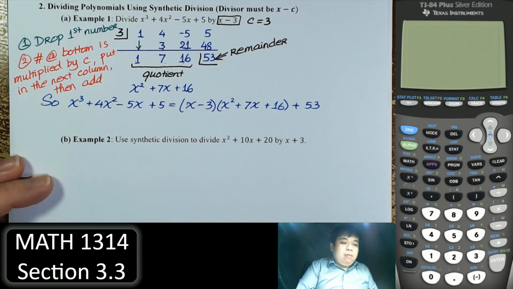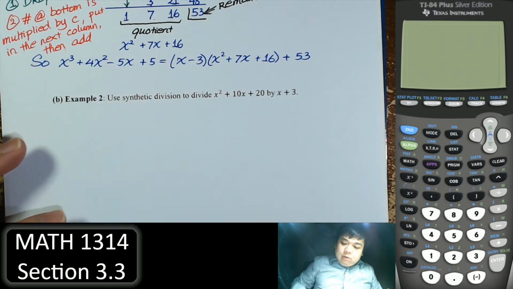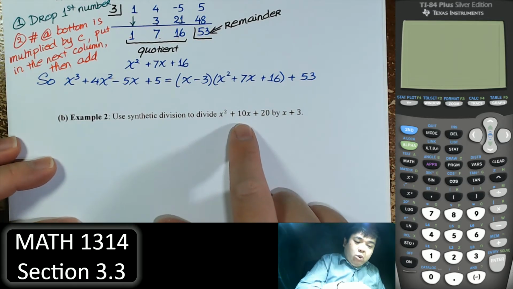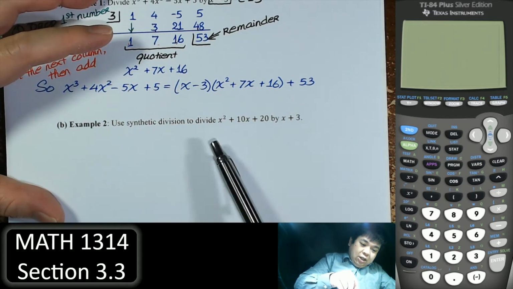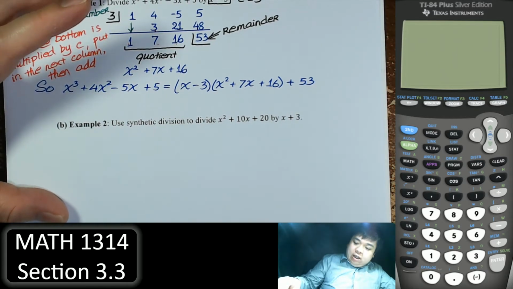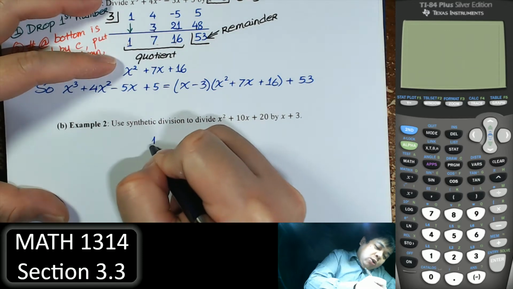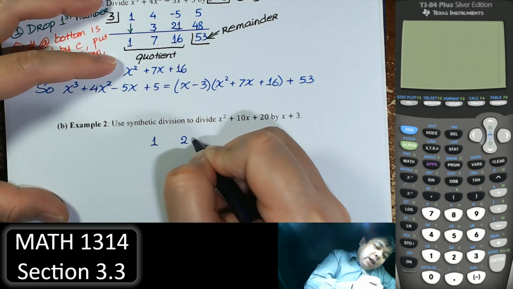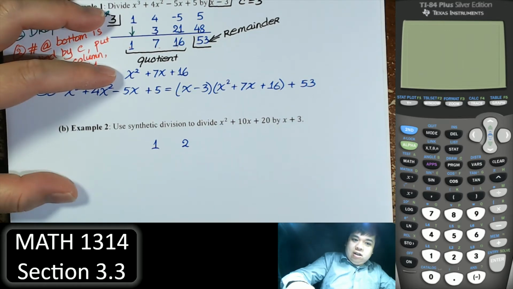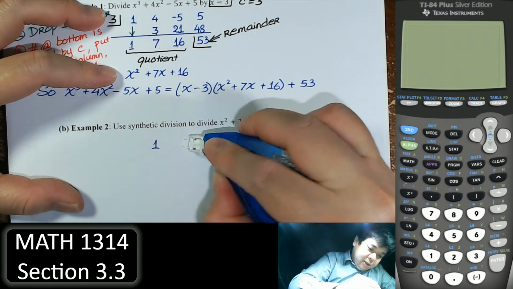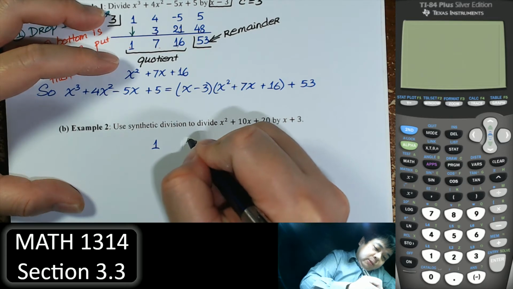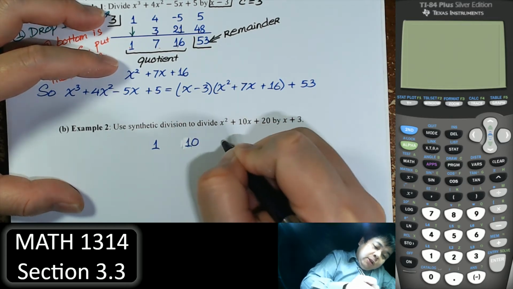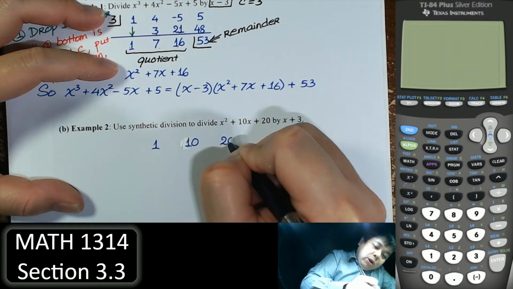Right. Now let's look at this example: x squared plus 10x plus 20 divided by x plus 3. So that is 1x squared plus 10x plus 20.